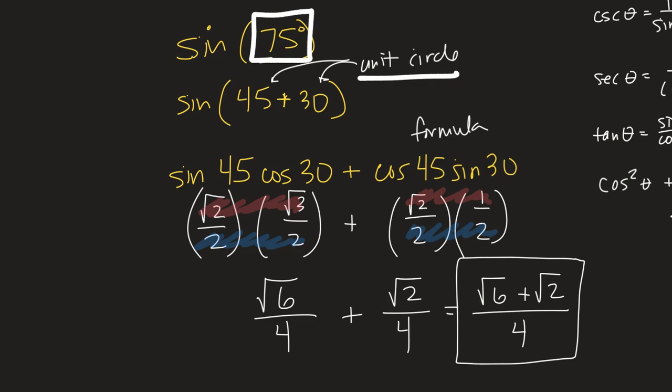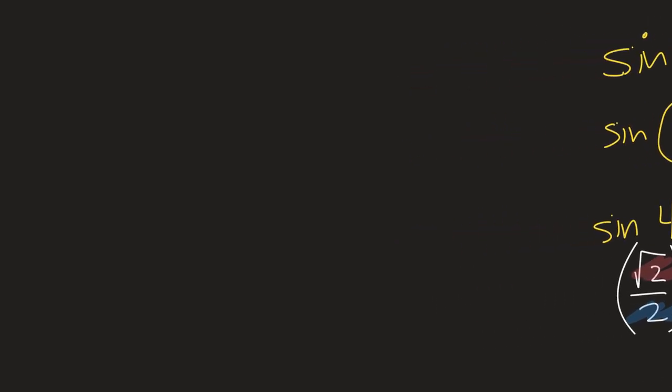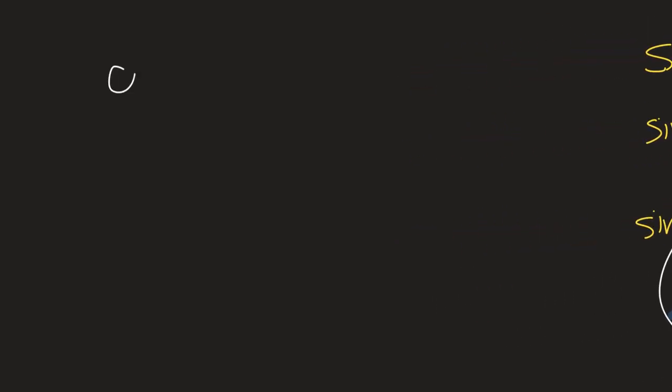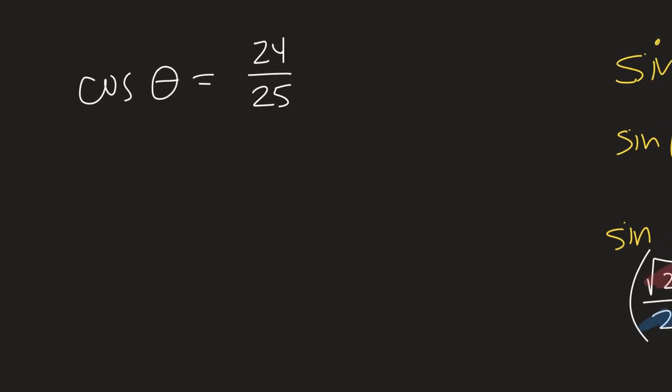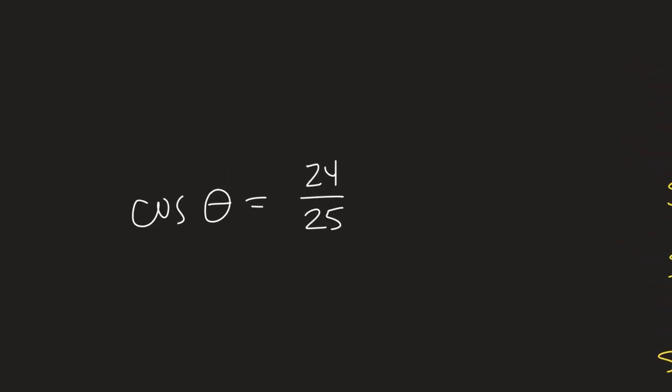Okay, now what if we don't have a unit circle angle? What if I know that the cosine of an angle is, let's see if I can use a Pythagorean one, 24 over 25. And we also know that that angle is between 3 pi over 2 and 2 pi.